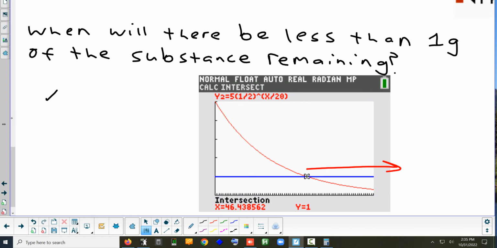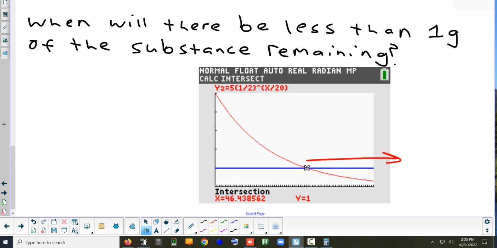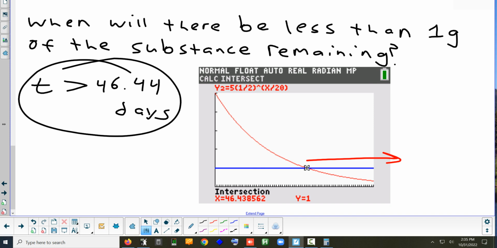What do I use for my letter T? T is greater than 46.44 days. It's just going to keep getting smaller and smaller and smaller as time goes on. And that's a decay time.